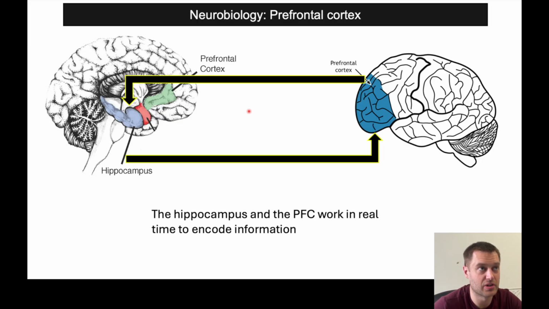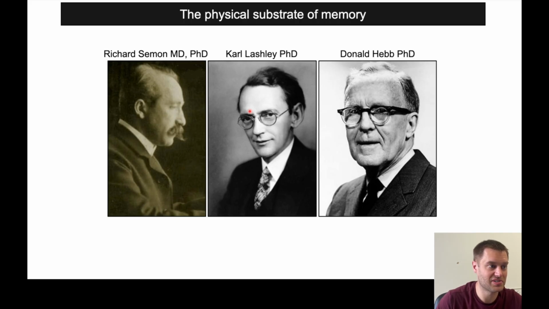And also there are different types, like fear learning and things like this, that are important in the amygdala. So it's not so simple to say that it's only the hippocampus or only the prefrontal cortex that's important for memory. The whole brain is likely important, but this just goes to show why learning and memory is such a hot topic: it's very complicated, just like the topic of consciousness is a very complicated thing.